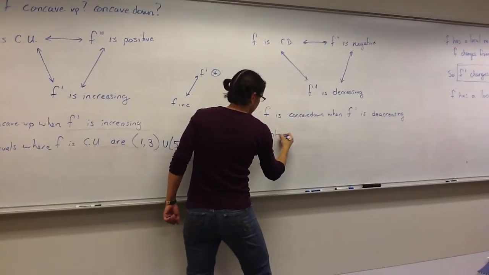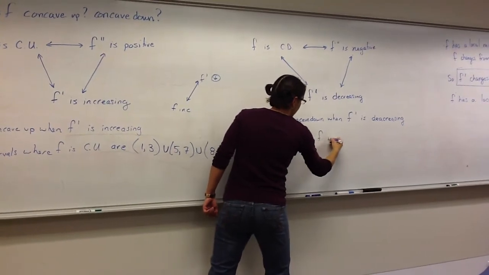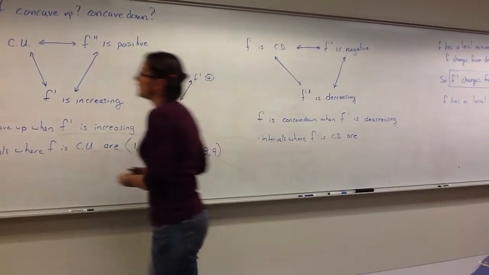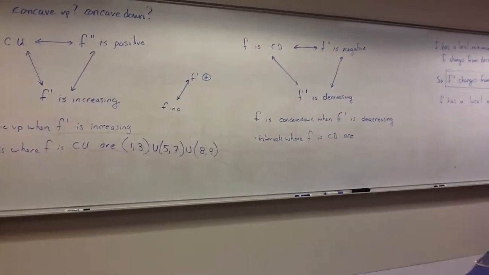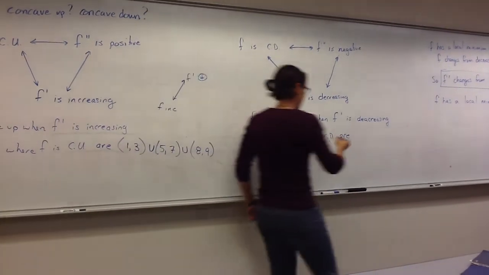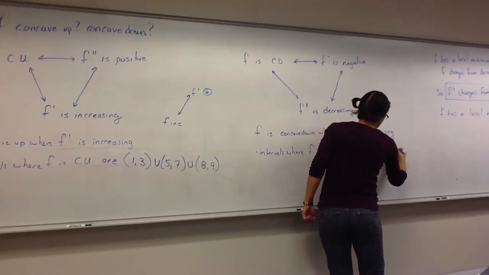And so our intervals where f is concave down are the intervals where f prime is decreasing. So from 3 to 5. And from 7 to 8.